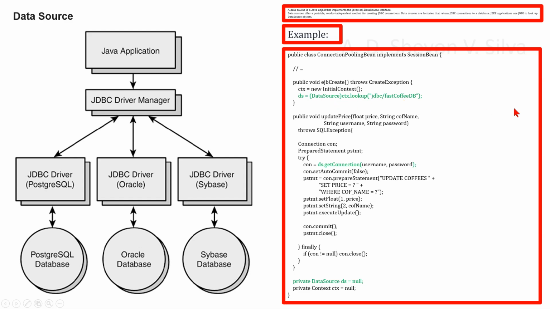For example, a programmer might write this type of code here. The first line of this code gets an initial context as the starting point for retrieving a data source object.